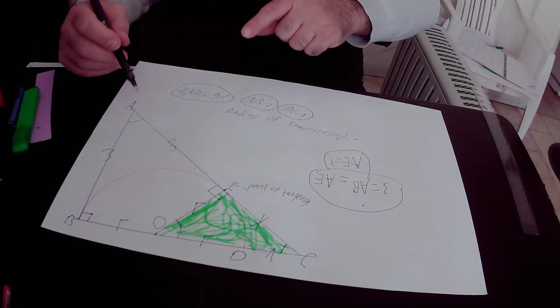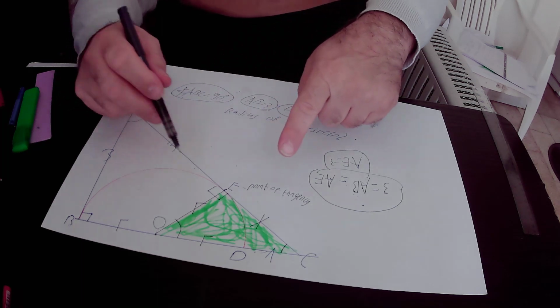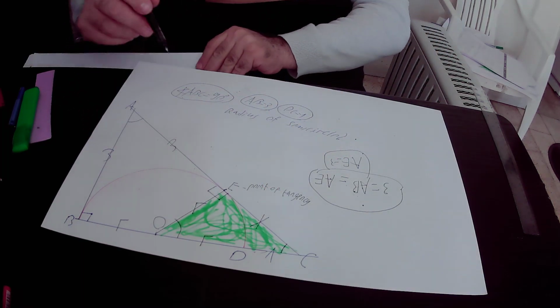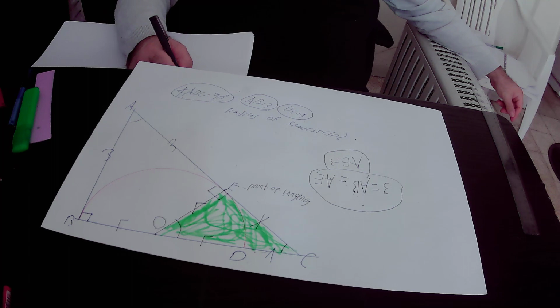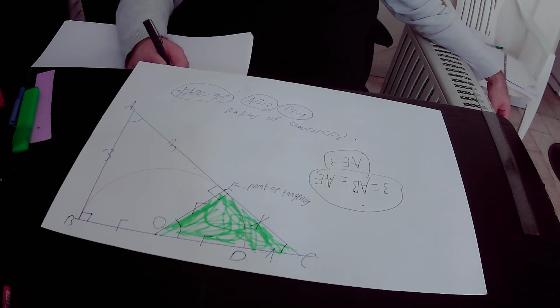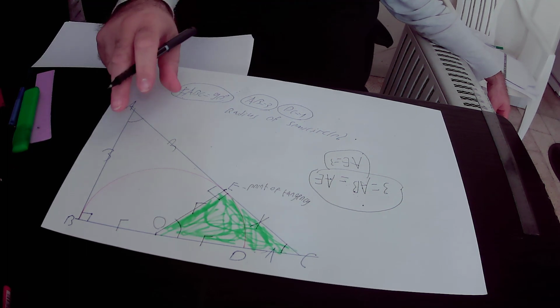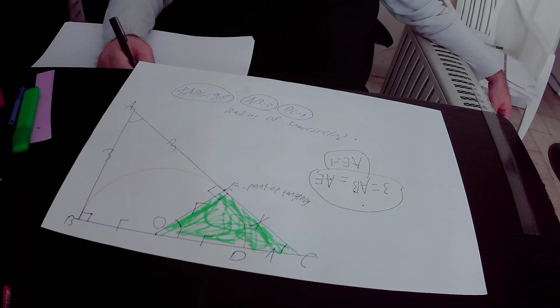Therefore, we proved that triangle ABC is similar to triangle EOC.